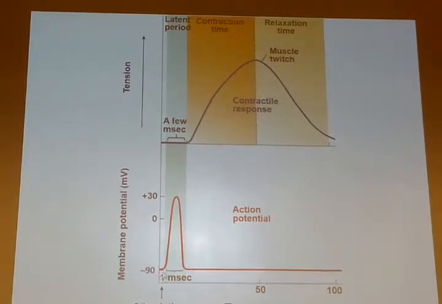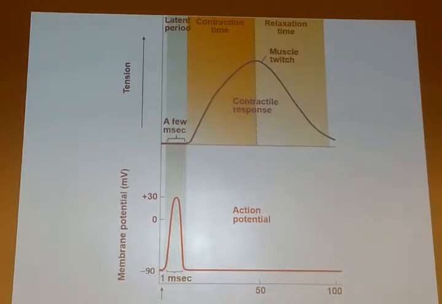So you look at stimulation of the muscle fiber. Action potentials are generated, they're propagated along the length of the muscle and also into the transverse tubules. The action potential is over before you see any change in the muscle tension. Why?